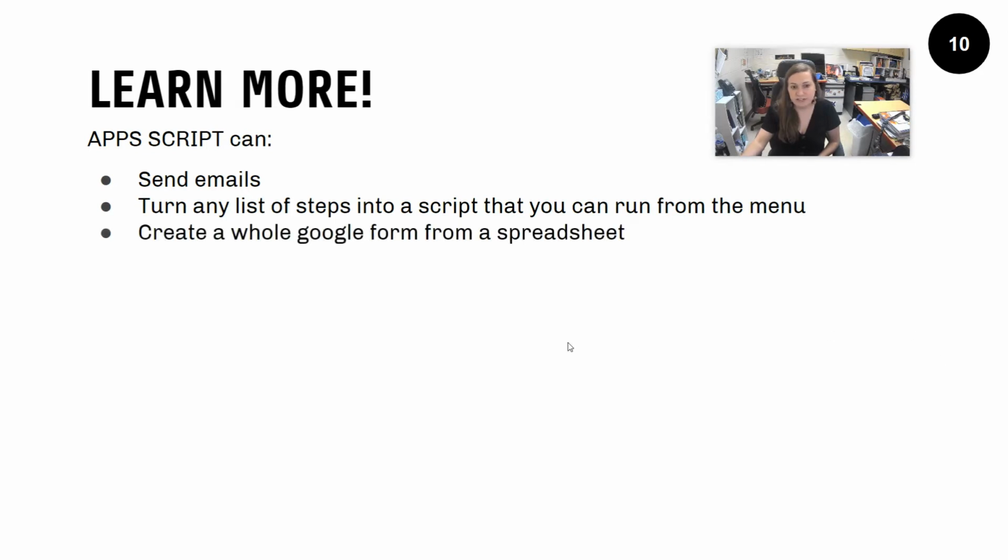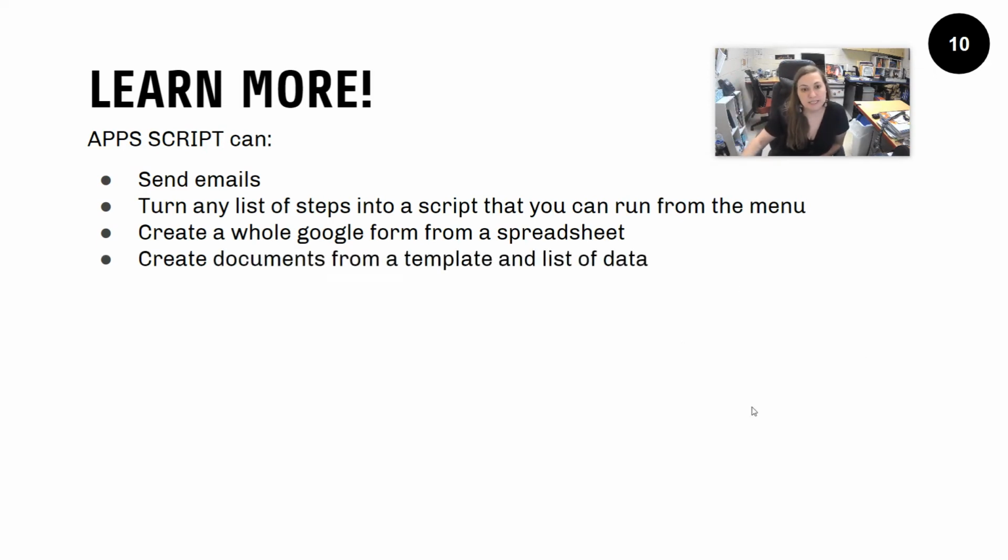You can create a whole Google form from a spreadsheet. You can tell it what you want all the options to be, and it'll create that whole Google form for you. You can create documents from a template and a list of data. So I have a system that keeps track of professional development hours for teachers, CEUs, and everything.